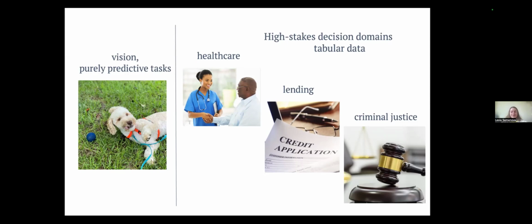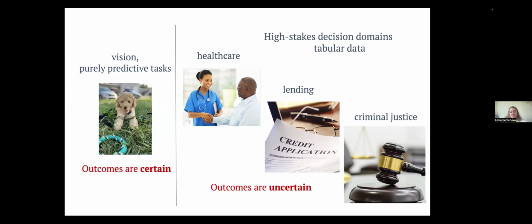It has to do with the uncertainty of the outcomes with respect to the input. For vision and purely predictive tasks, outcomes are a bit more certain. For example, questions like: does this image contain a dog? Or does this image contain a toy? They are quite deterministic, quite specific.